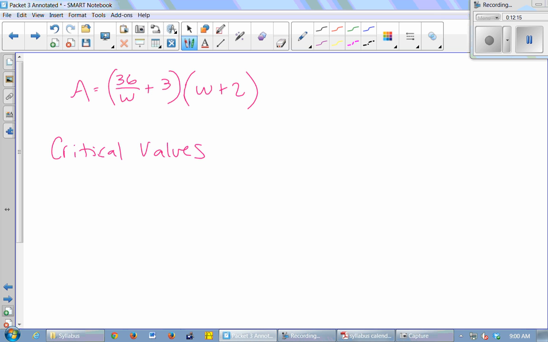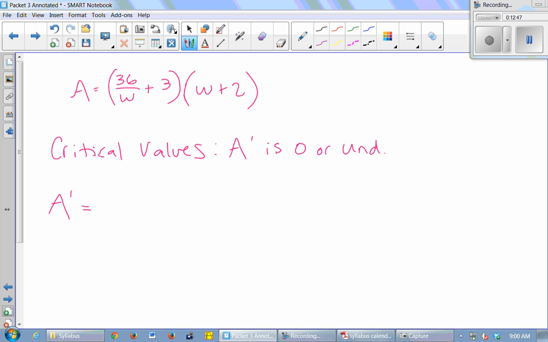So I need to take the derivative. I could take the derivative just like that. I could use the product rule. Or you could FOIL it out and then take the derivative of each term separately. Doesn't matter. I don't think one is any easier than the other. So maybe I'll just use the product rule.